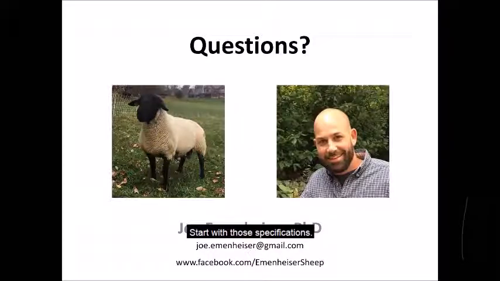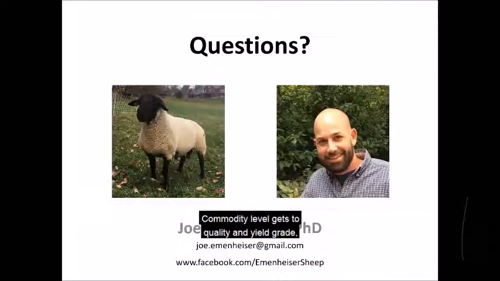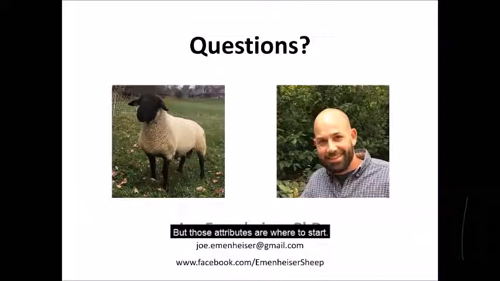Start with those specifications. Typically it's a target carcass weight, target carcass fat thickness, and muscle size. Okay, commodity level gets to quality and yield grade. If we're not there, that's fine. But those attributes are where to start.